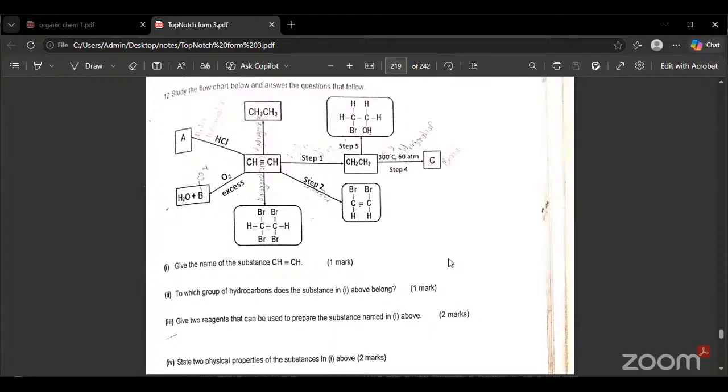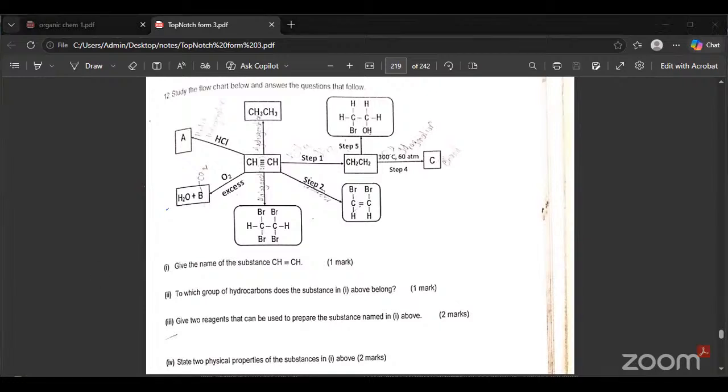Sasa step 2 umesema ni halogenation. Yes, it is halogenation. You are counting the hydrogens on the other side. Unajua kitu yenye mujakubali ni kuhesabu kwanza. Let me show you kuhesabu. Unaona hii hydrogen ni ngapi? Si ni 1. Na hapa imebaki ngapi? 1.